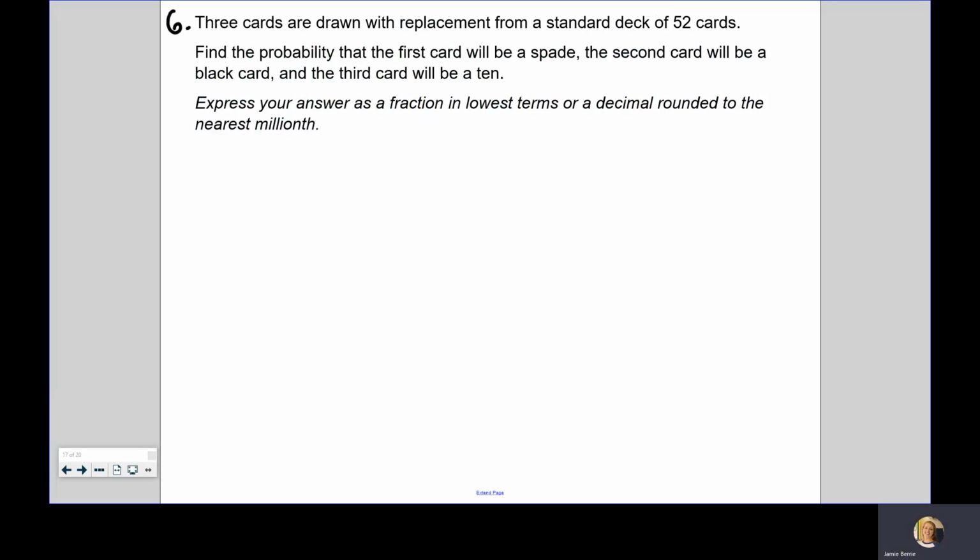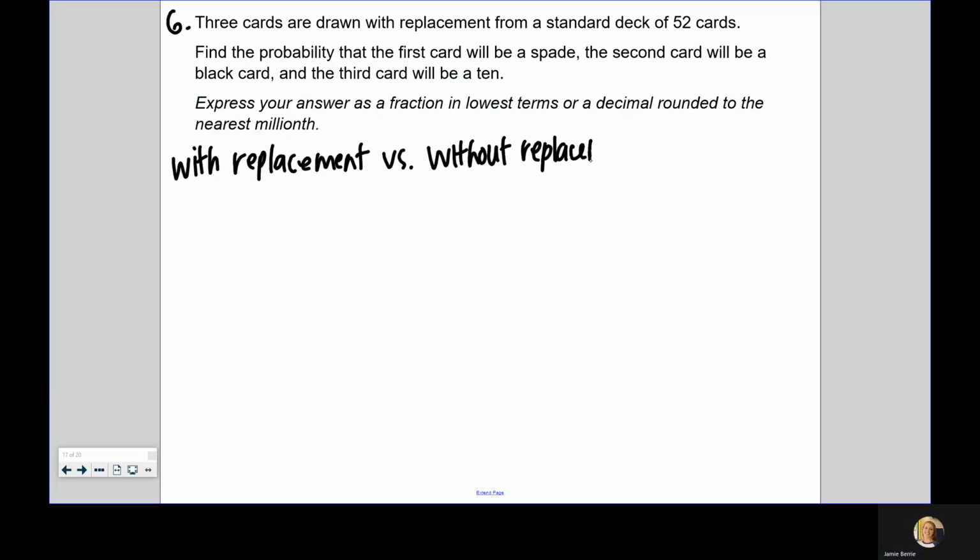All right, so let's talk really quickly about that phrase with replacement. Just as an aside, we'll talk about with replacement versus without replacement. When you complete two events with replacement, this is going to cause them to be independent events.